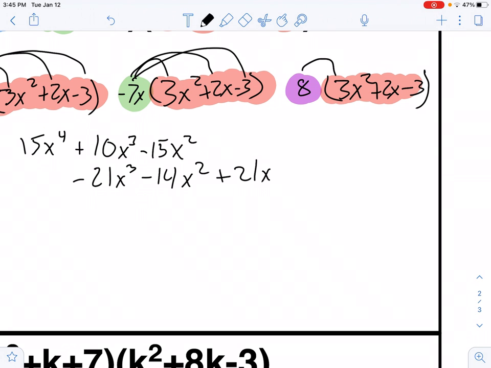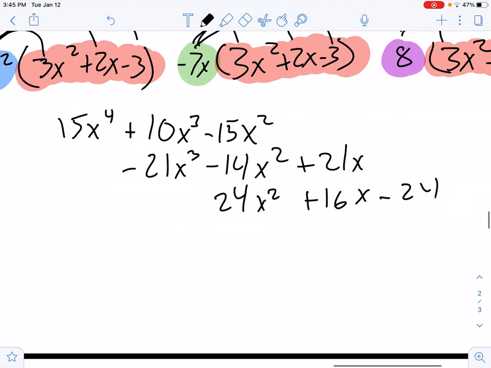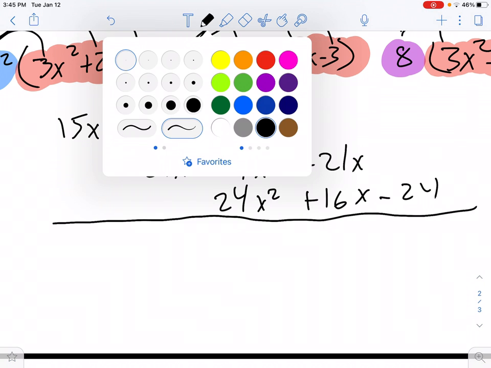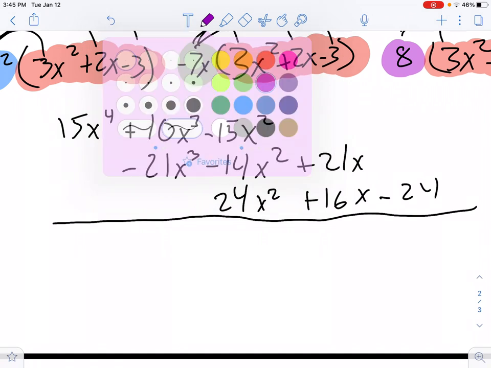So 8 times 3, and I'll write my answer in purple.